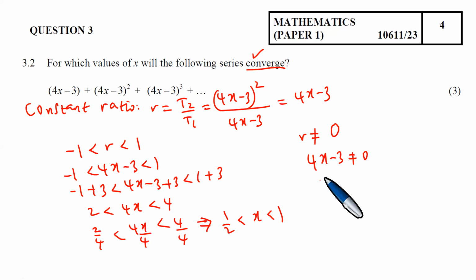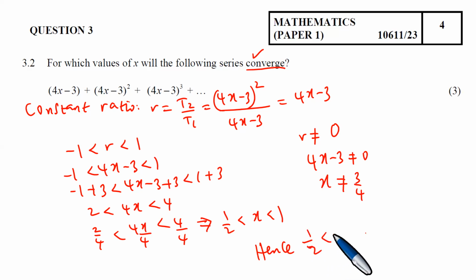And if you solve here, we realize that x should not be equal to 3/4. So the final answer here, hence, we have 1/2 is less than x less than 1, and here x is not equal to 3/4. Okay, so we have the answer to this. For which values of x will it converge? For x lying between 1/2 and 1, and x not equal to 3/4.